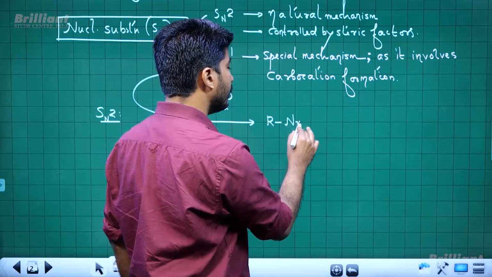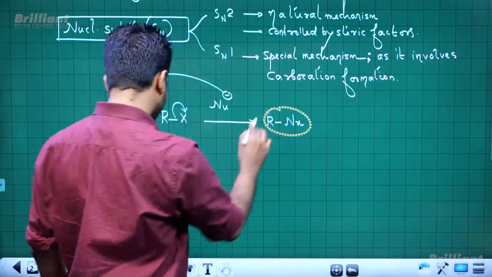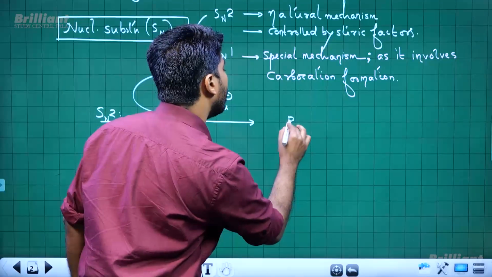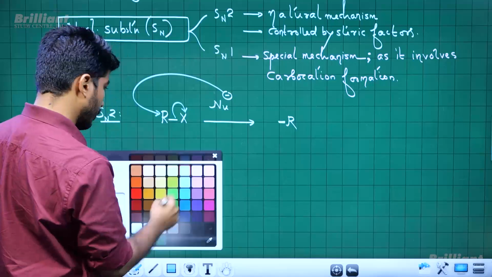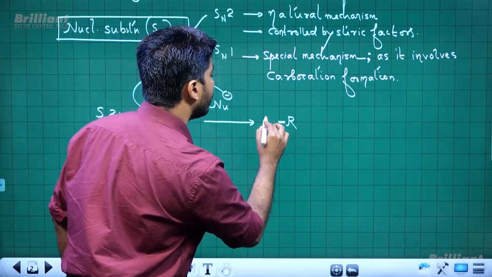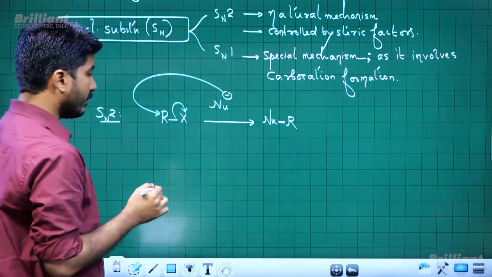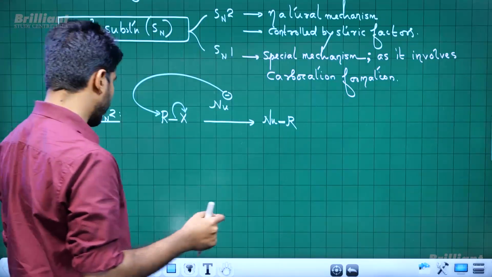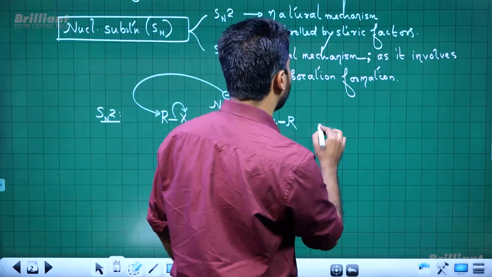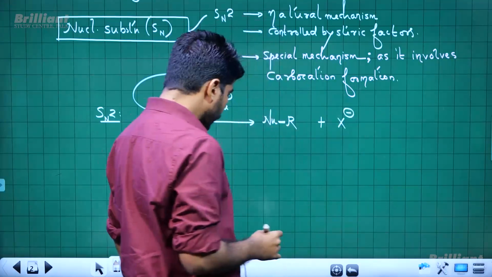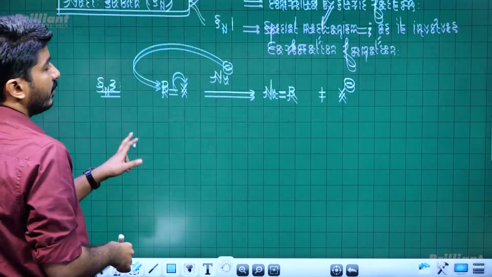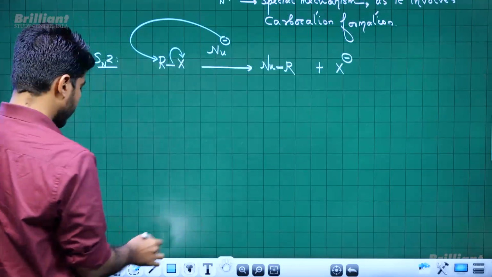More correctly we can represent the product as Nu-R, because the nucleophile is approaching from the opposite side to our halogen, the leaving group. And X leaves. So X is a good leaving group, and it is manifested in this reaction.